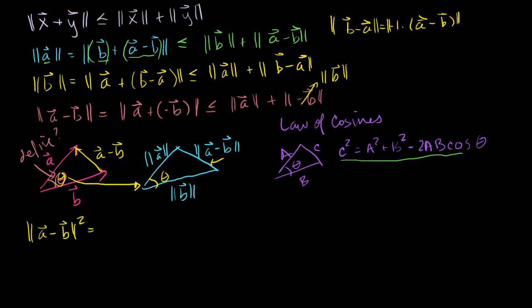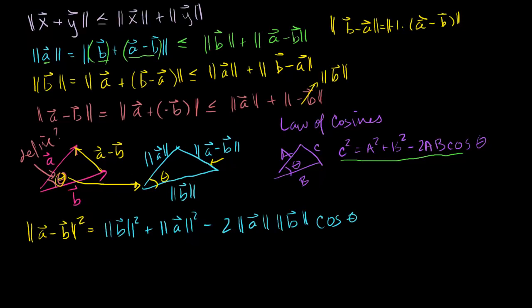It equals the length of vector b squared plus the length of vector a squared minus 2 times the length of vector a times the length of vector b times the cosine of this angle right here. And I'm defining the angle between these two vectors to be the same as this angle right there. So if we know this angle, by definition, we know that angle right there.